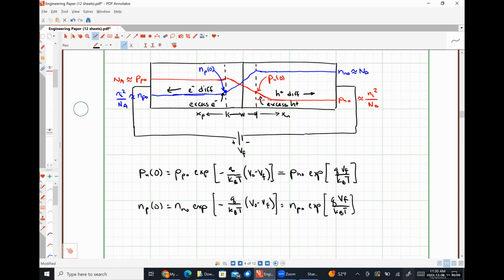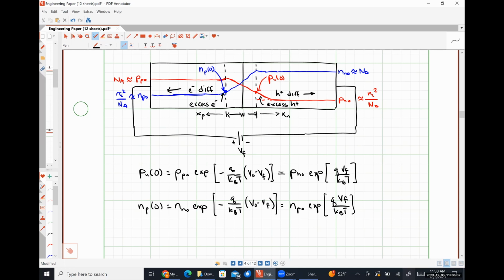So for long junctions, the excess carrier concentrations will exponentially decay until settling to their equilibrium values, which is exactly what these exponential functions represent, right?